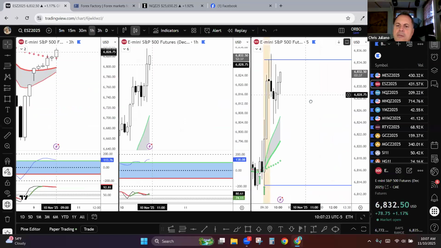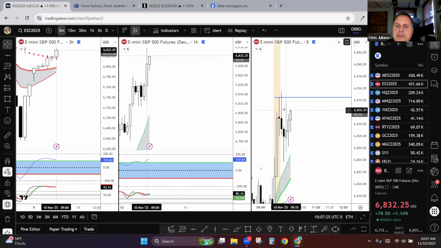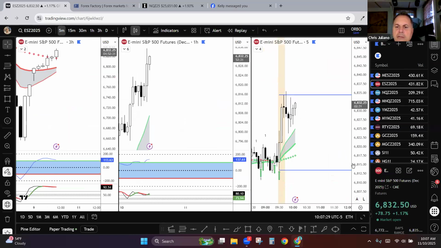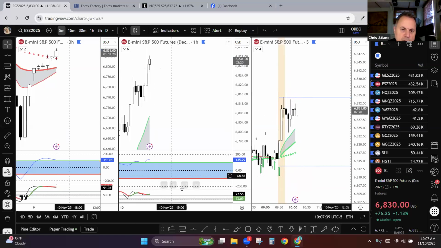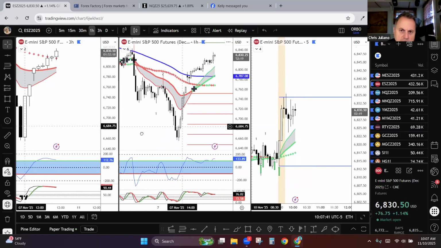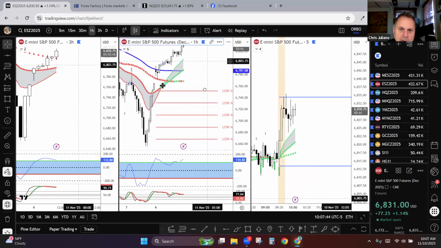S&P kind of doing the same thing deep inside of the opening range here. At least the Nasdaq is trying to break to the upside here. A little bit more reserved here.